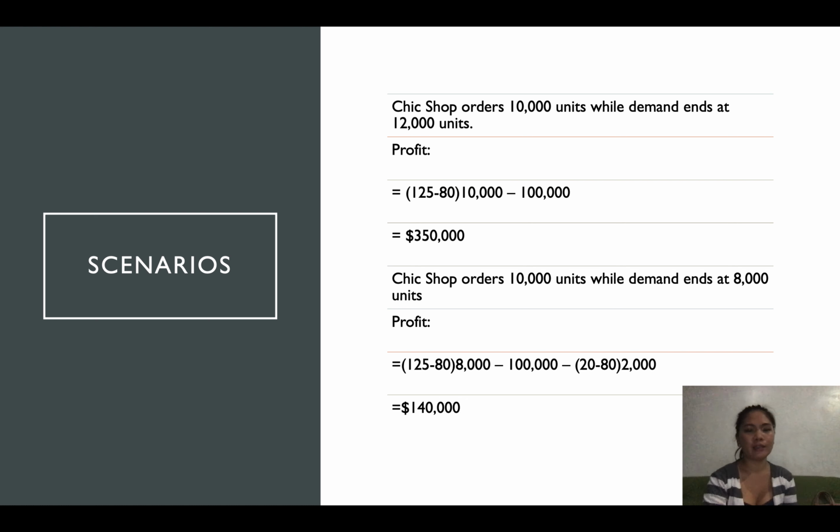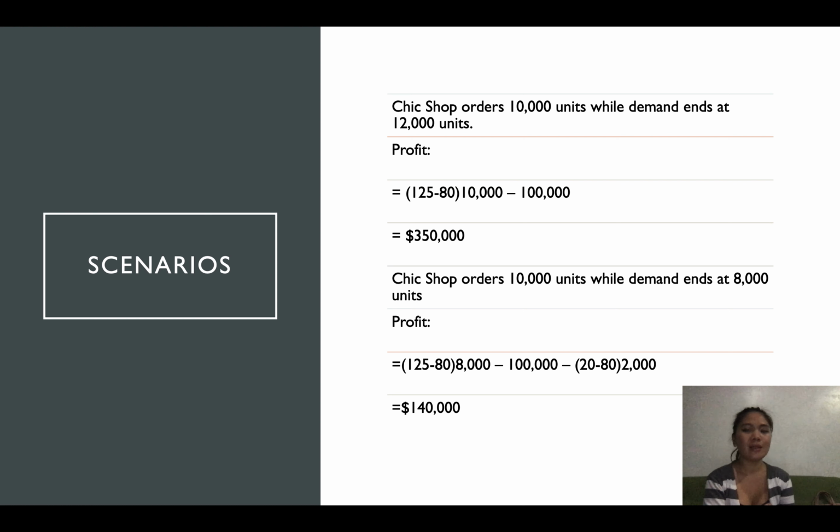On the other hand, if Chic Shop orders more suits than the quantity demanded, it will salvage the surplus for $20 per suit. In this case, the revenue is less than the cost and there will be $60 loss per surplus item.